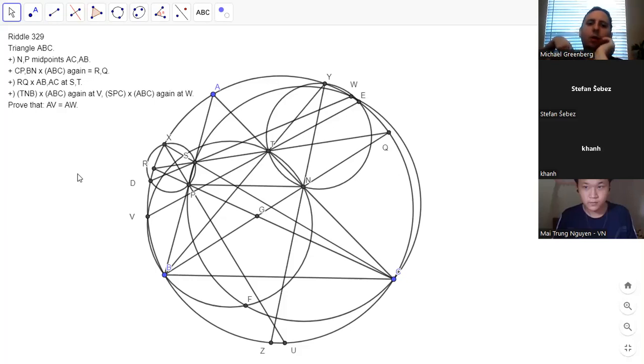Oh, but because, okay, so this is a median. How would you get angle PCS in that equation?